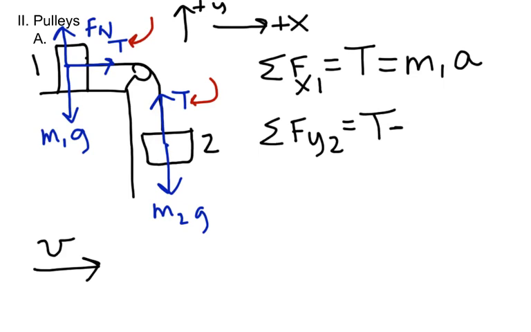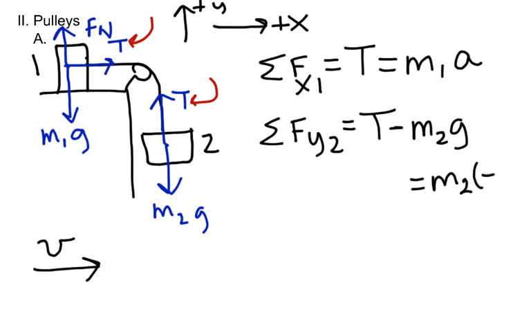Minus, we have a weight here, m sub 2 g, and it's equal to the mass of the second object multiplied by its acceleration. Now, when you look at object 2, it should be accelerating downward, so we're going to give that a negative a.